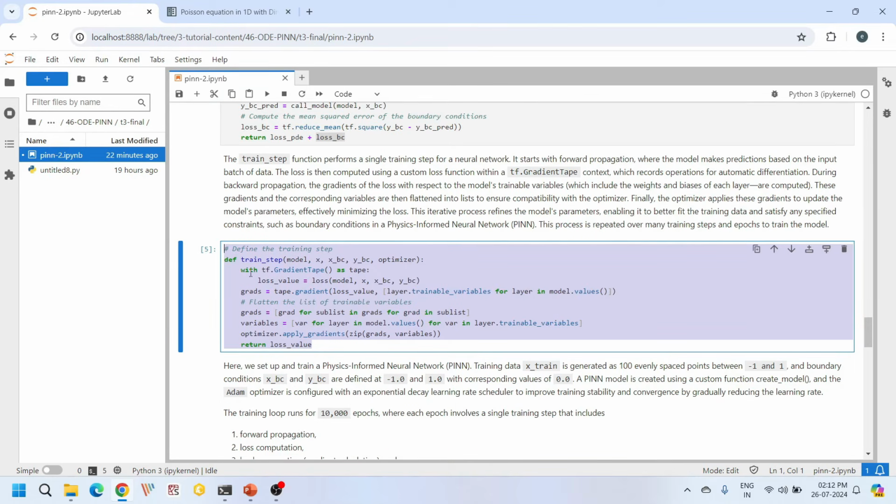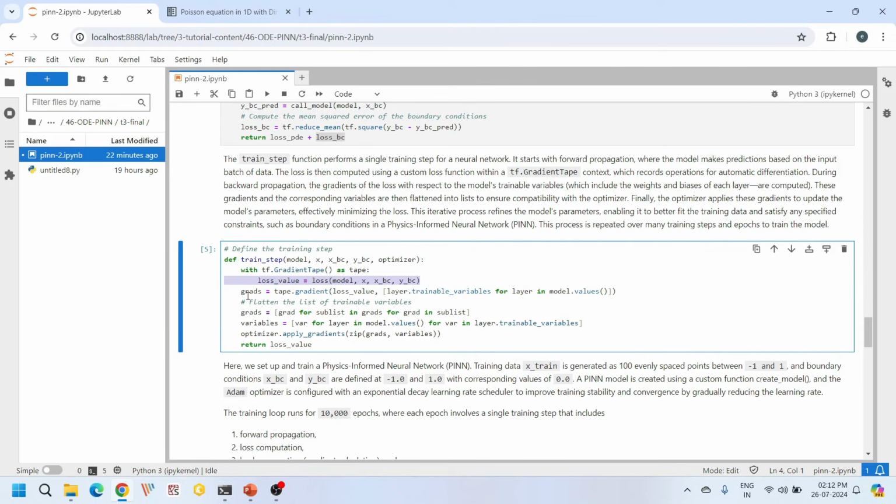And next function, this train step function, is a very important function. Here we perform a single training step for a neural network. It starts with the forward propagation where the model makes predictions based on the input batch of the data. The loss is then computed using the custom loss function within this tf.GradientTape, which records operations for automatic differentiation.